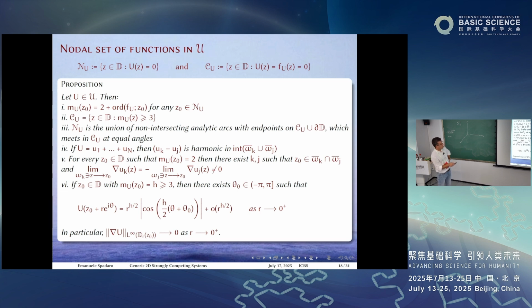Now, if we look at the nodal set, the structure of the nodal set for harmonic functions, or if you want, for holomorphic functions, it is composed of non-intersecting analytic curves, which meet with their endpoints either on the boundary or at a common point, which is a critical point.